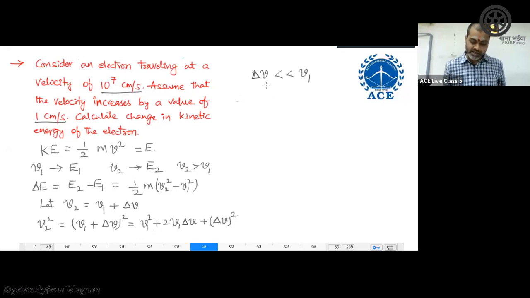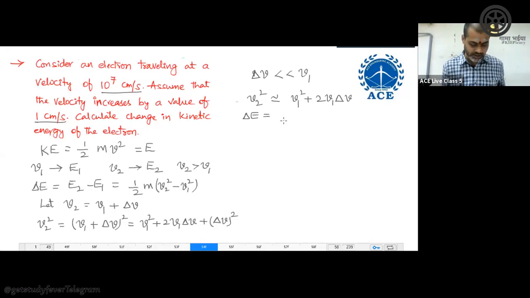So I can say v2 square is approximately equal to v1 square plus 2 v1 delta v. The delta v square term I am neglecting relative to v1.